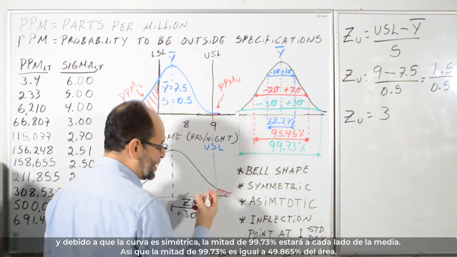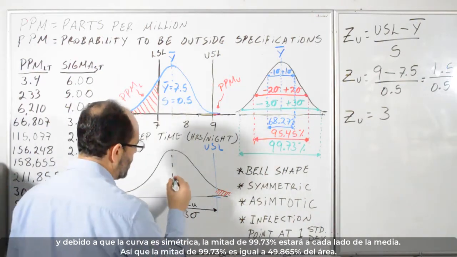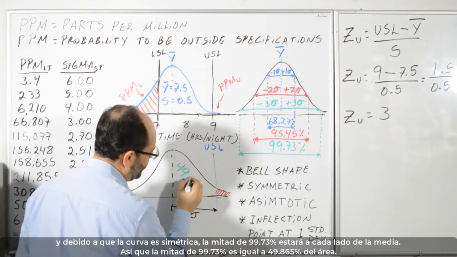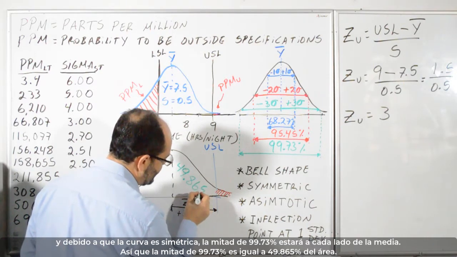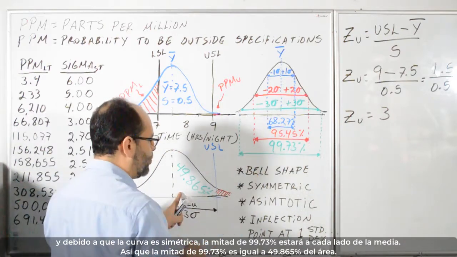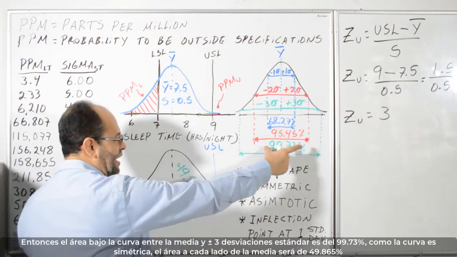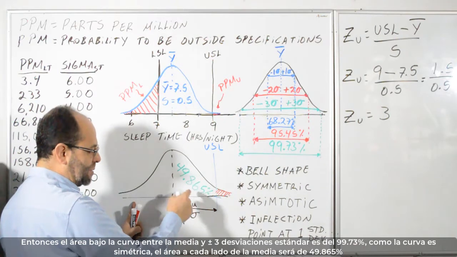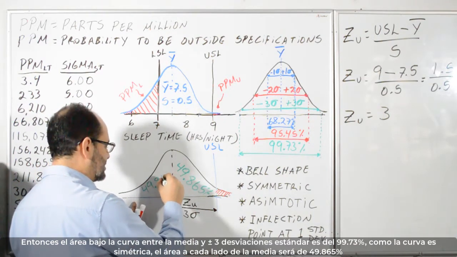So half of that 99.73% is equal to 49.865%. The mean plus minus 3 standard deviations is 99.73, and because it is symmetric, half will be 49.865% and the other half will be 49.865%.